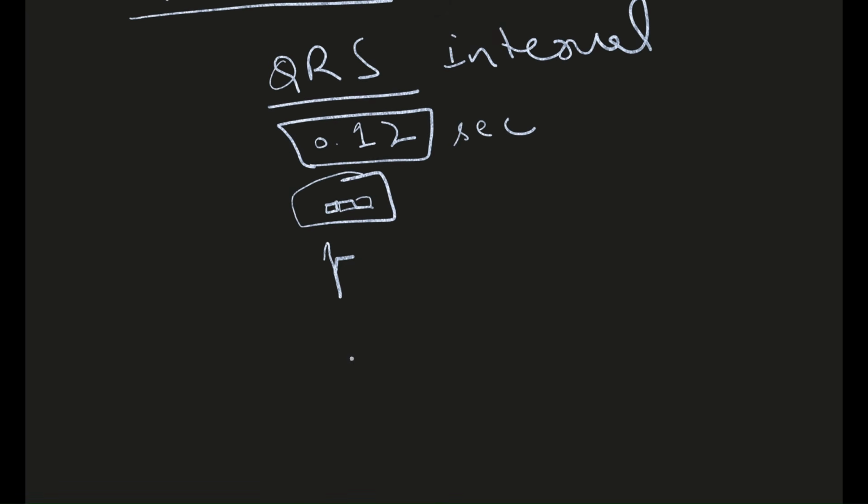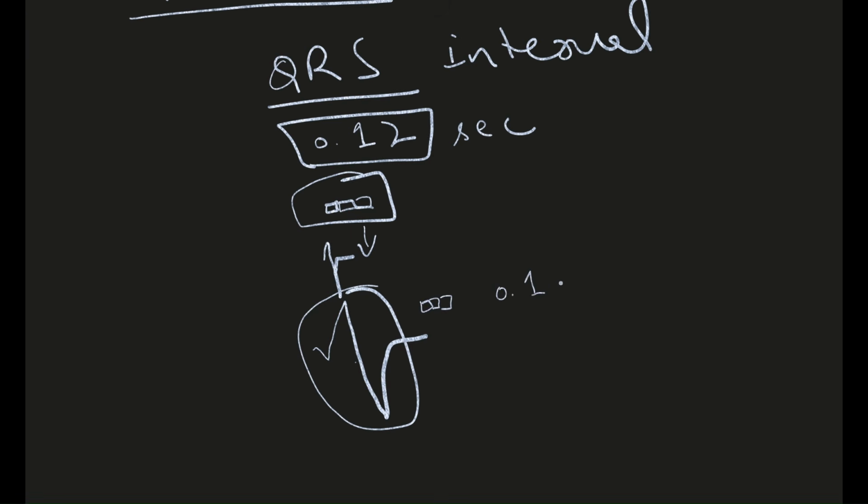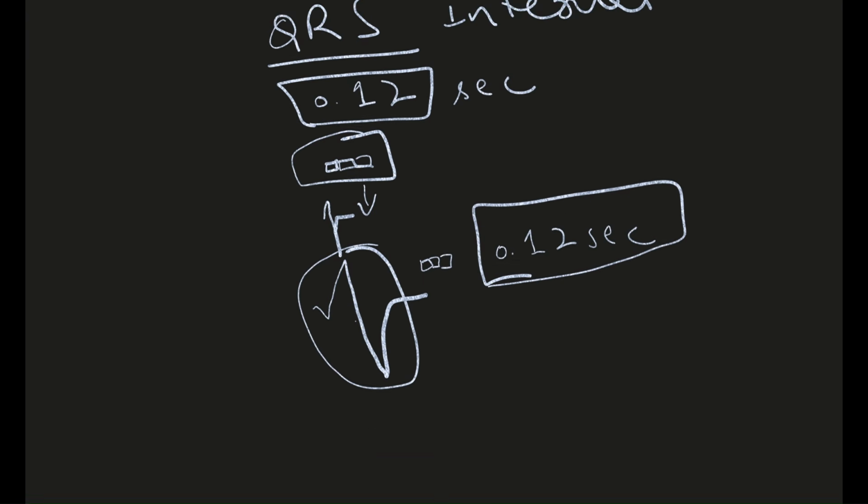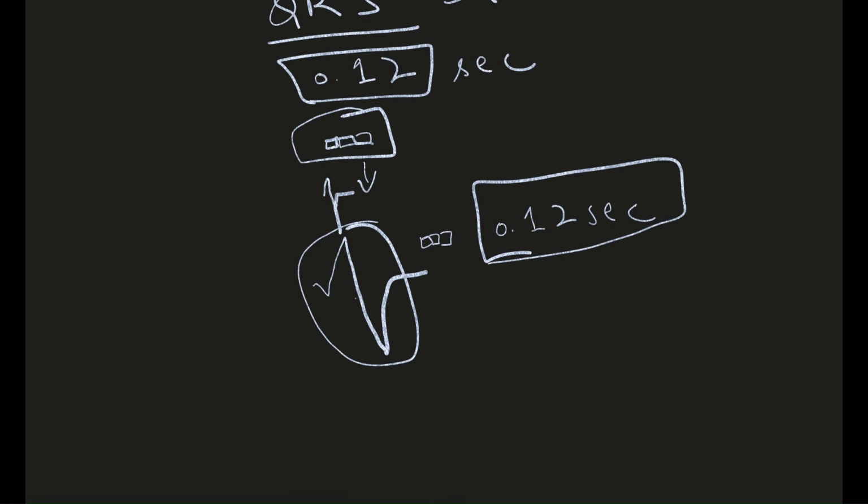If I draw a QRS complex corresponding to these three smallest squares, and it becomes like this, it has been widened. If it is more than three small squares, it is more than 0.12 seconds. So the first thing is, look into the ECG to see whether your QRS complex has a normal interval or is more than 0.12 seconds.